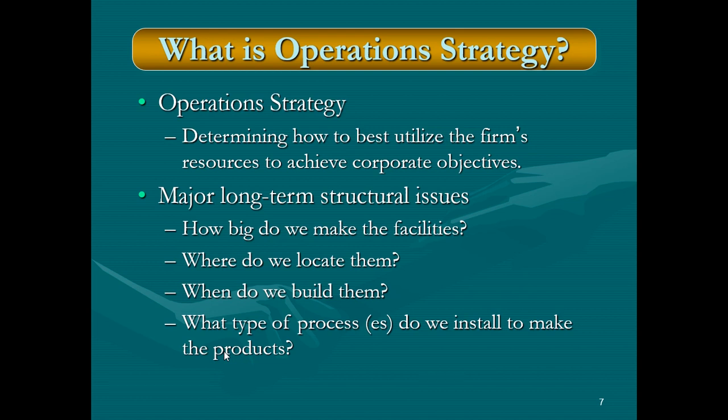Major long term structural issues are: how big do we make the facilities? How do we locate them? How do we build them? What type of processes do we install to make the products?